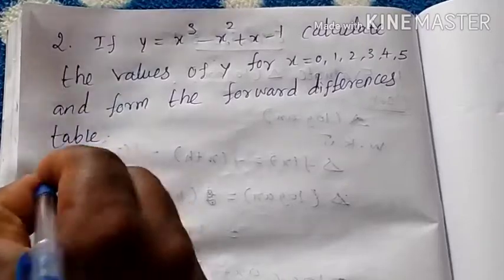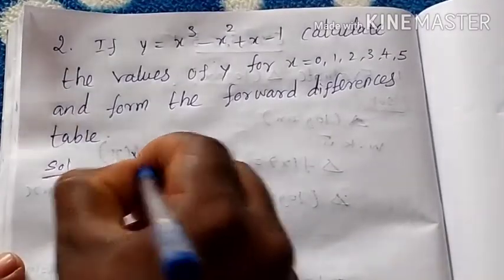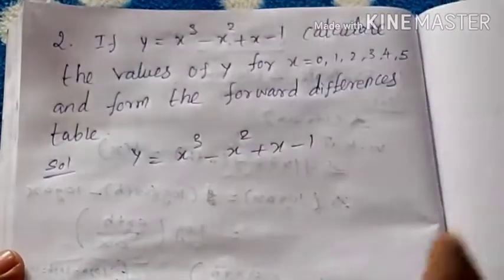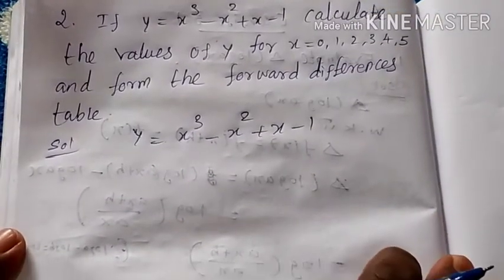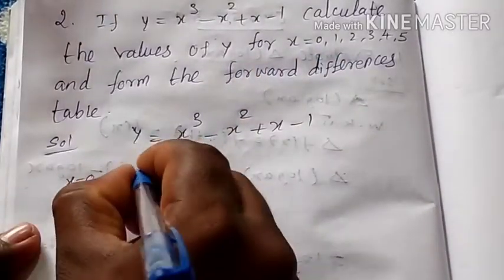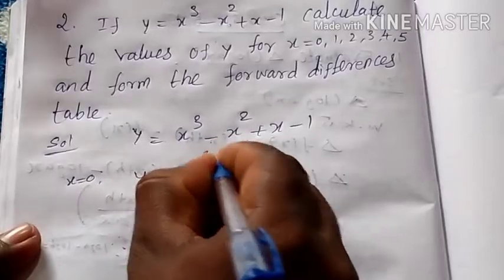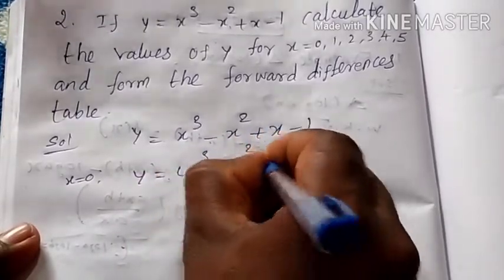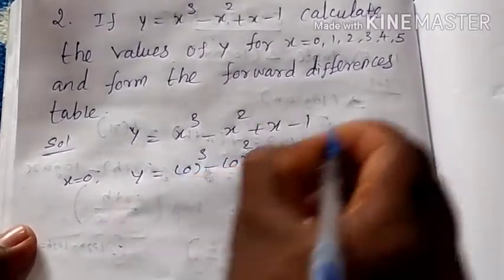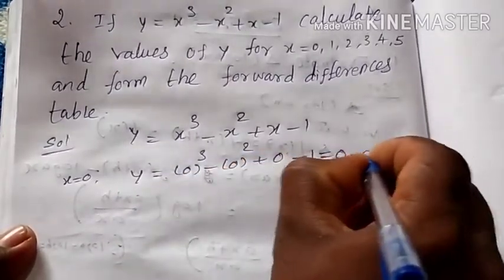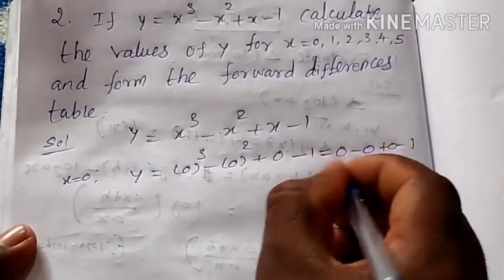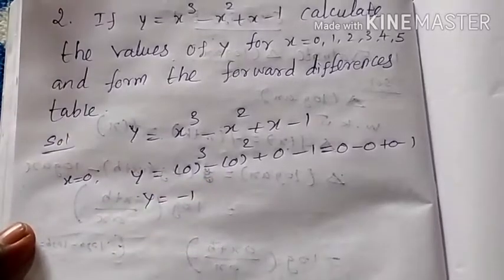The solution: y is equal to x cube minus x square plus x minus 1 is given. First put x equal to 0. Then y equal to 0 cube minus 0 square plus 0 minus 1, which is 0 minus 0 plus 0 minus 1. So finally y is equal to minus 1.